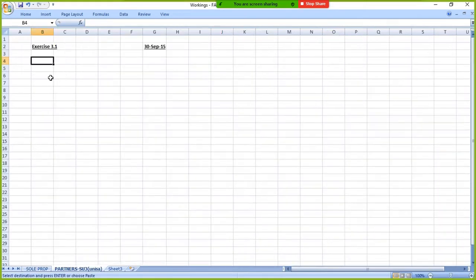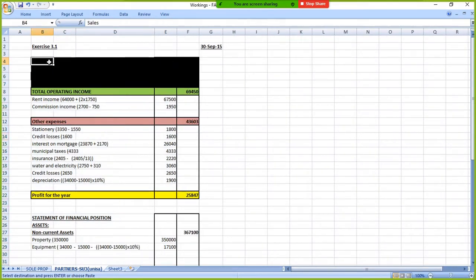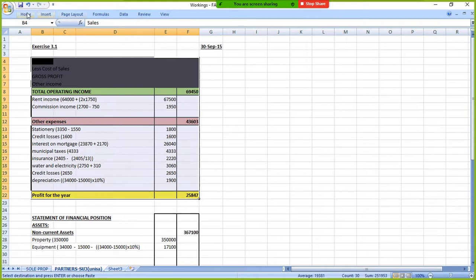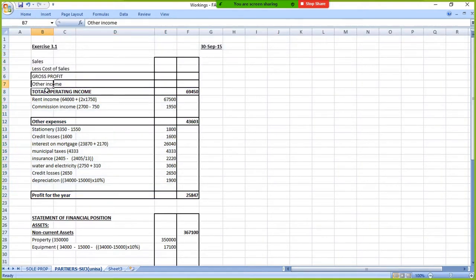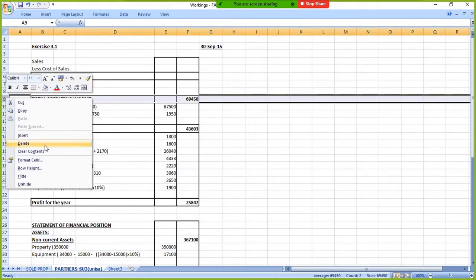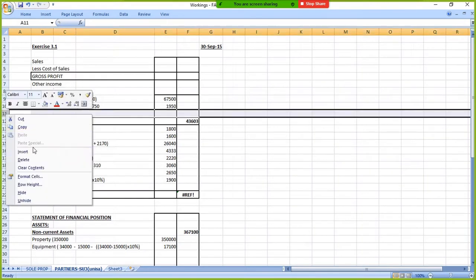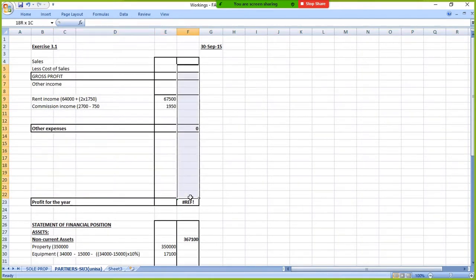Right, let's take that through to our workings here. All right, that can stay. That must go. Templates don't change, they stay the same.